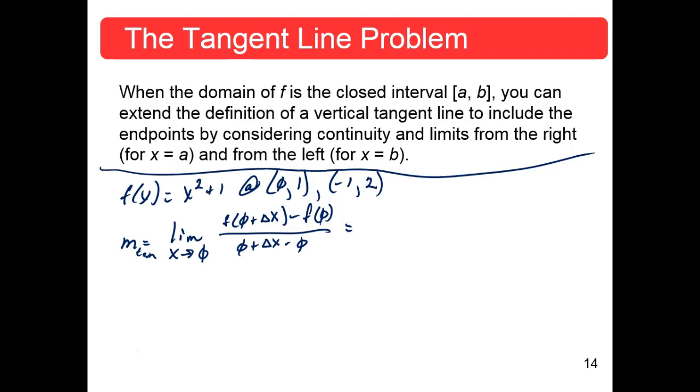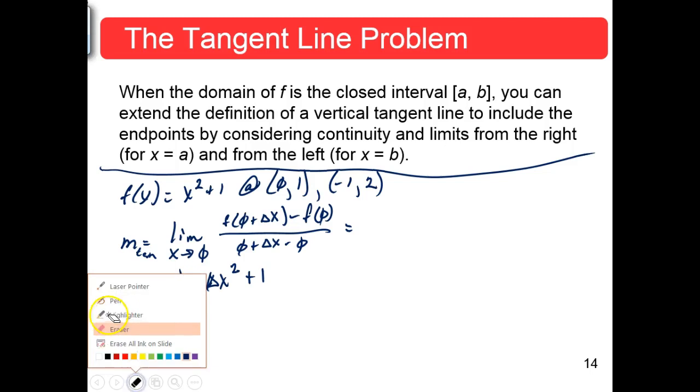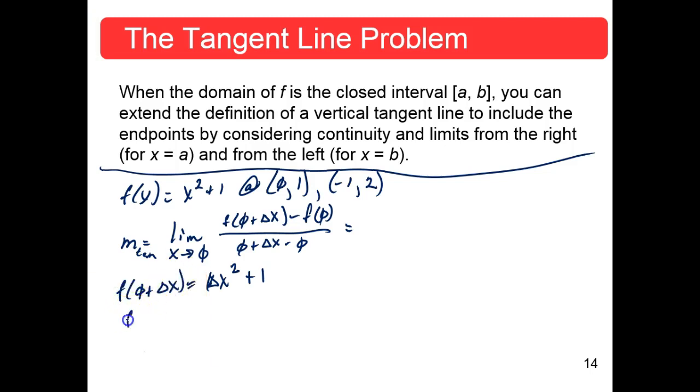What is your f of 0 plus delta x? That would be delta x squared, right? 0 plus delta x is delta x squared plus 1 over, well, no, that's all. Okay, sorry. Okay. And what's your f of 0?